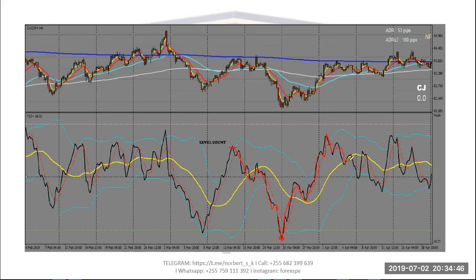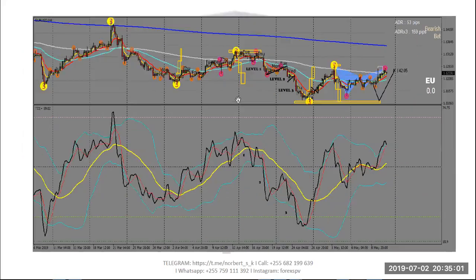So we can count the levels using the TDI on the 4-hour time frame, but sometimes it's not clear. And also the TDI on the 4-hour can help us see this level count. This is very clear. We have level 1, level 2, level 3. As you can see here, the levels were clear.